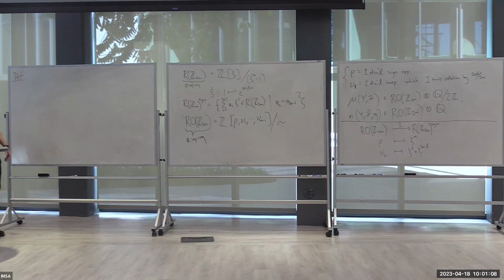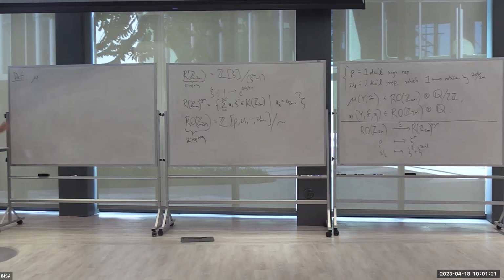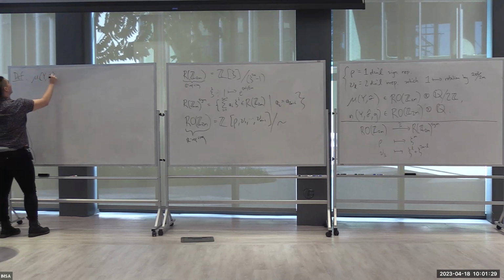How am I doing? Okay. So the definition for the equivariant Rokhlin invariant is a little unwieldy, but I'll go through it step by step. First, remember, the non-equivariant one is just the signature of a spin filling divided by 8. We're going to take the following equivariant analog of this guy.